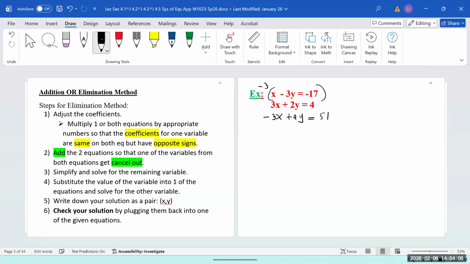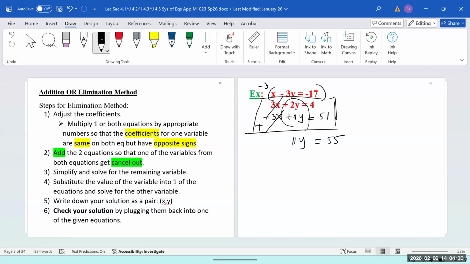51. And then if we add these two equations, what happens to the x's? Plus 3x and minus 3x becomes what? Cancel out. So we eliminated our x, and what is left? Only the y's. 9 and 2 gives us 11, and this gives us 55.